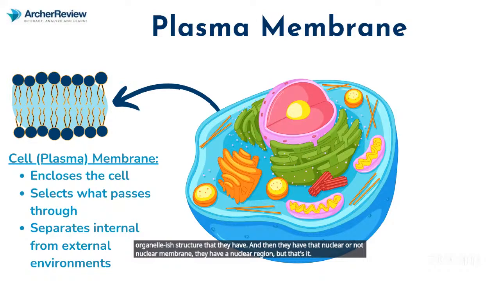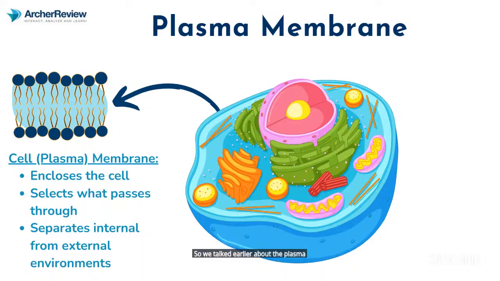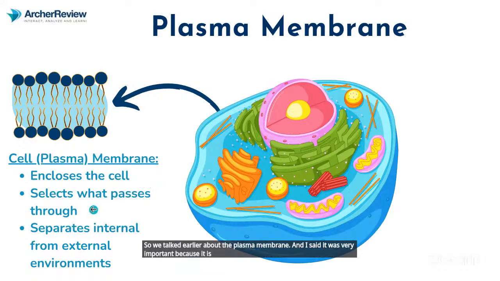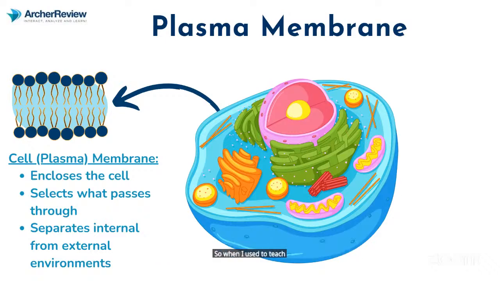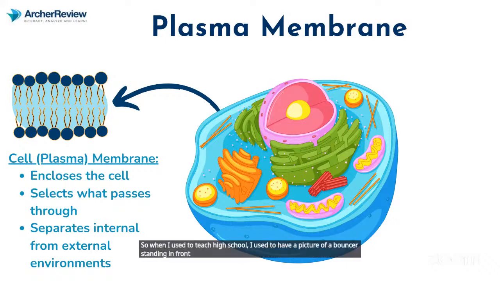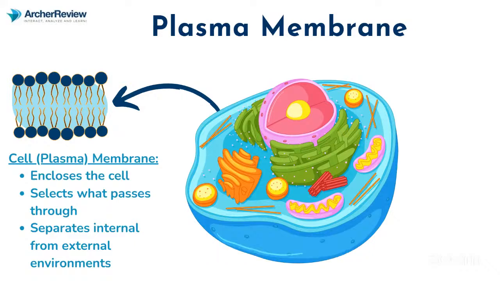So we talked earlier about the plasma membrane. And I said it was very important because it is what is going to select what is allowed in or out of the cell. So when I used to teach high school, I used to have a picture of a bouncer standing in front of the plasma membrane because that's how I perceive it.